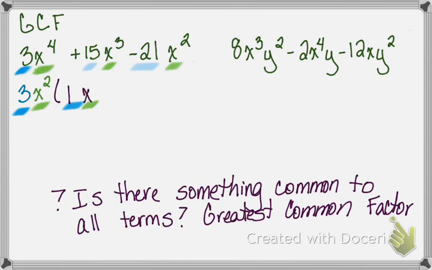Good. Okay, now we're going to do it again. 3 times what gives me positive 15? Plus 5. Okay? Now I've got x squared times what gives me x to the 3rd?